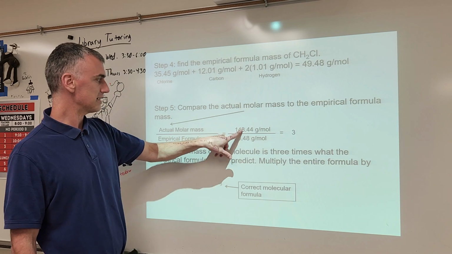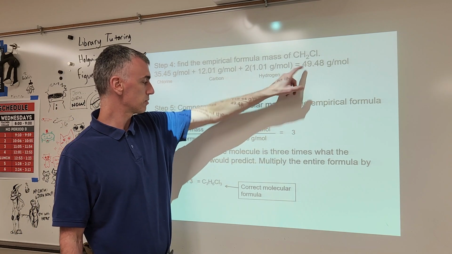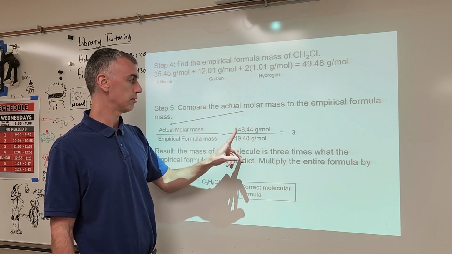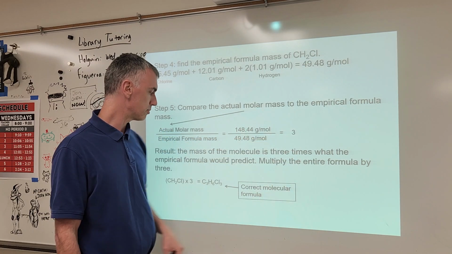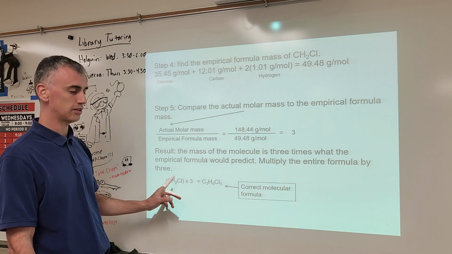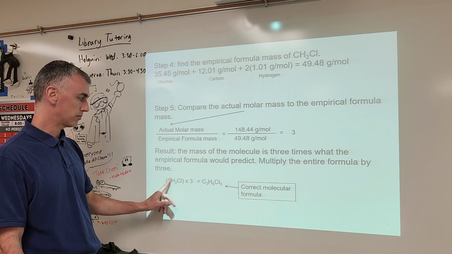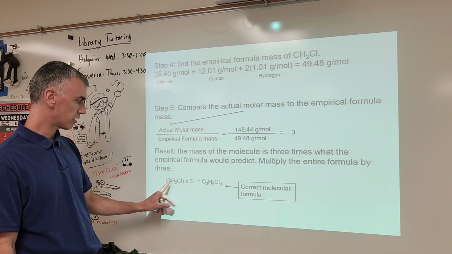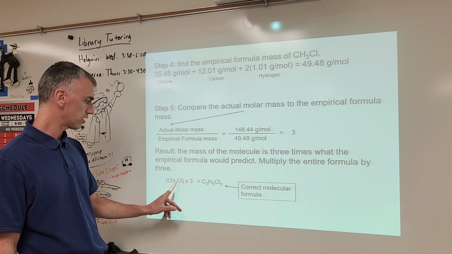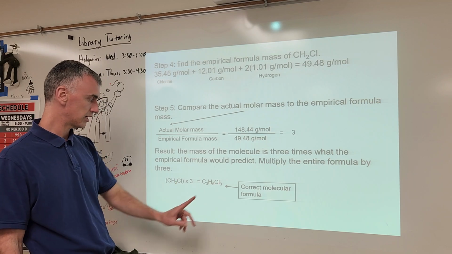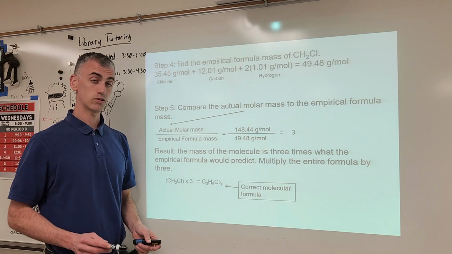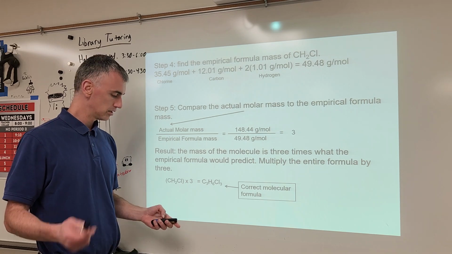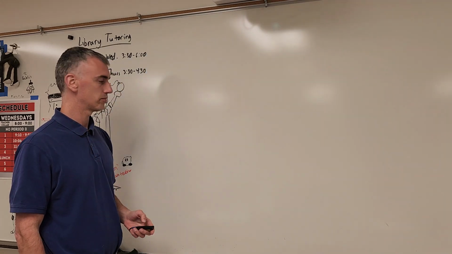So we take this divided by the smaller calculated formula mass. We notice it is 3 times as big. So we just take the entire formula and multiply by 3, which means 1 carbon becomes 3, 2 hydrogens become 6, 1 chlorine becomes 3, and this is what you box as your correct molecular formula, and that's how it's going to go. That's it.